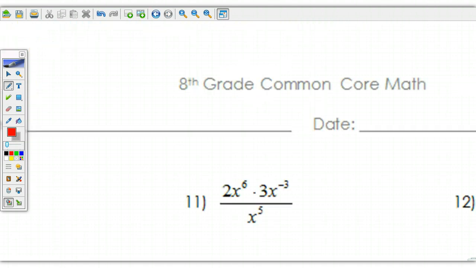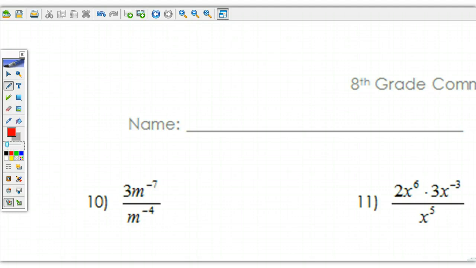On number 10 on the backside, what we're going to do is flip-flop the places here. We're going to flip-flop the m to the negative 7th and the m to the negative 4. We're going to take the negative exponent on the top and move it to the bottom. Take the negative exponent on the bottom and move it to the top. The 3 stays on top because the 3 is not being raised to a negative exponent.